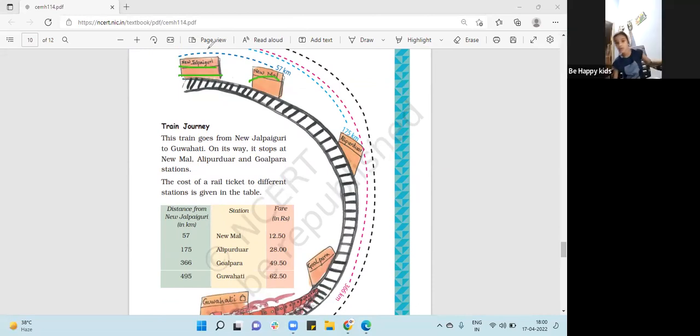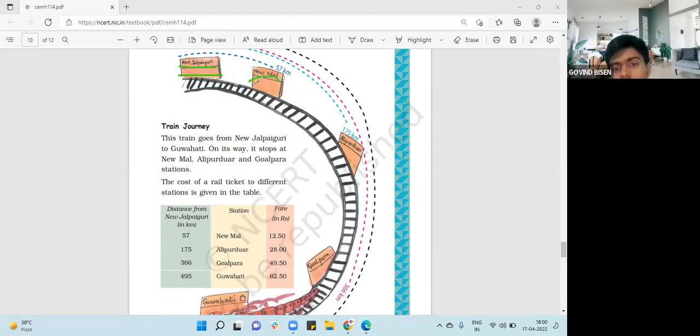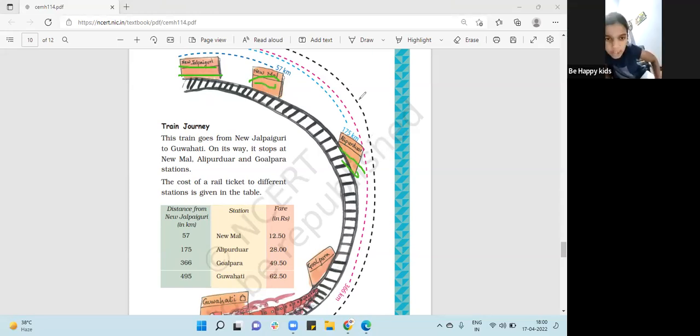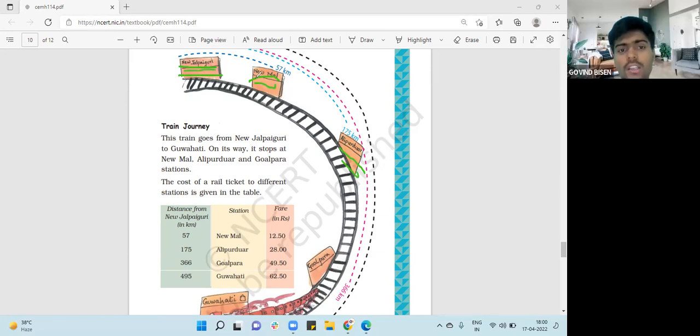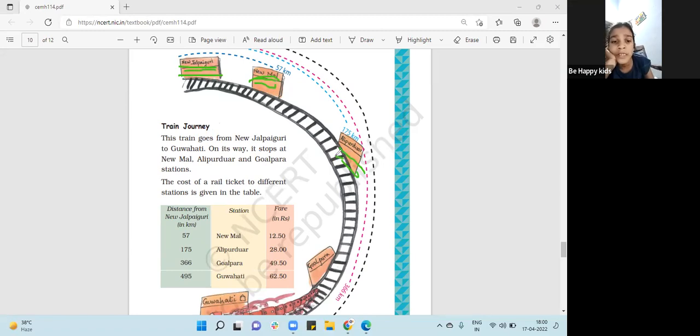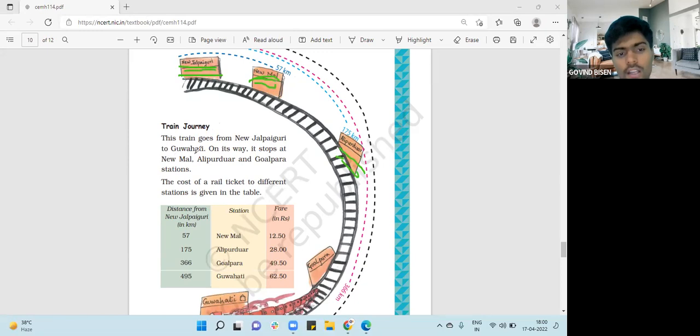So after New Mall, what is the name of the station? Can you read it? This train goes from New Jalpaiguri to New Mall, then to Alipurduar, then to Guwahati.